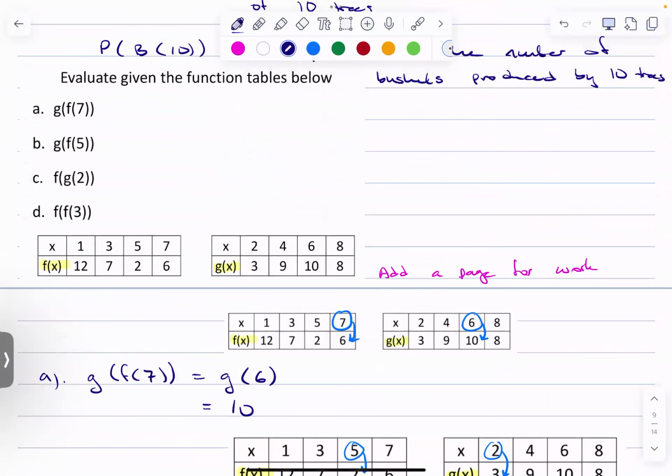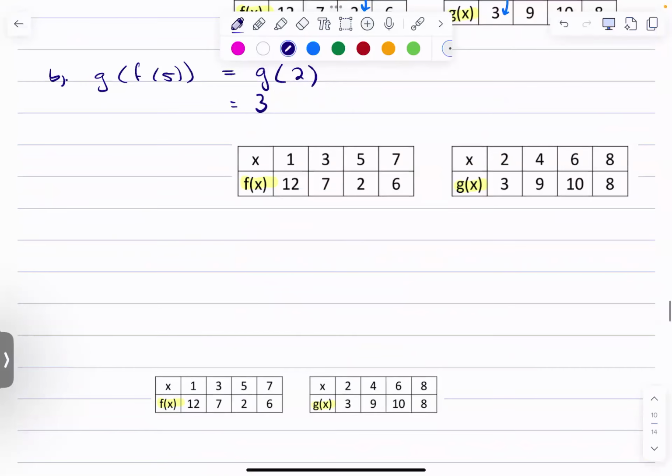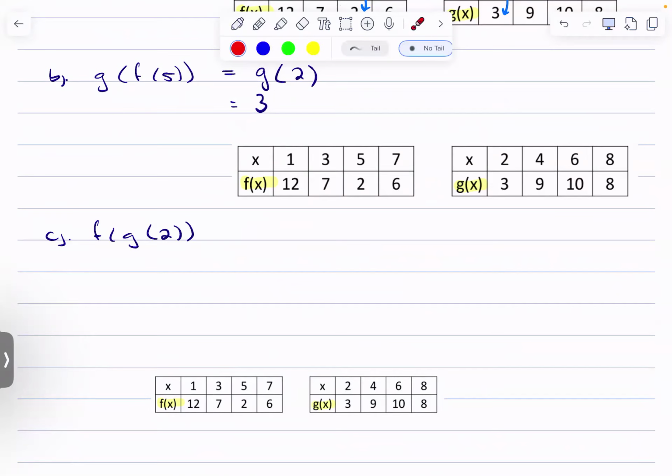I think you're getting the hang of it. C, f of g of 2. Now our inside function is g, which means I have to start with my g function and my input is 2. And so g of 2 is 3. f of 3 is 7.